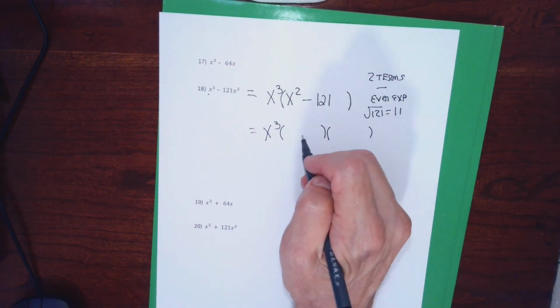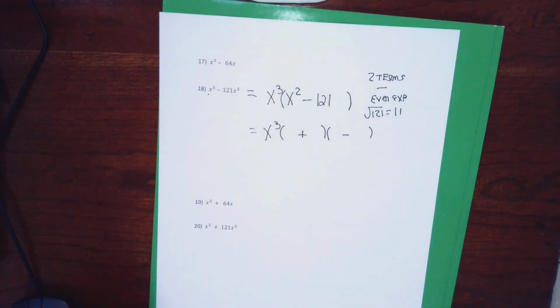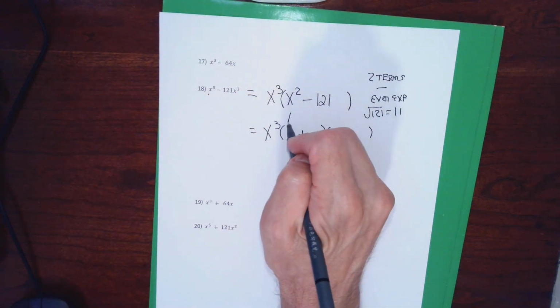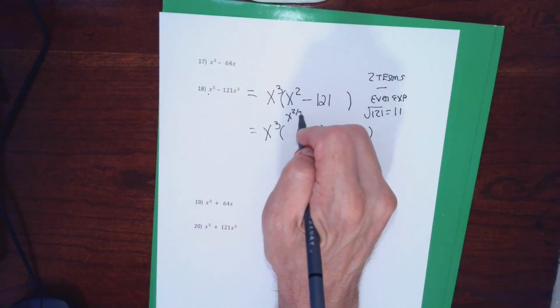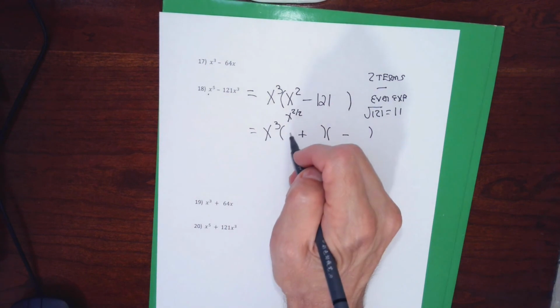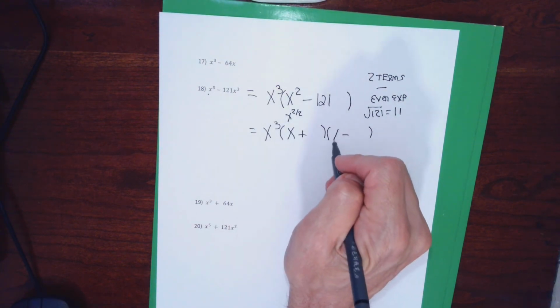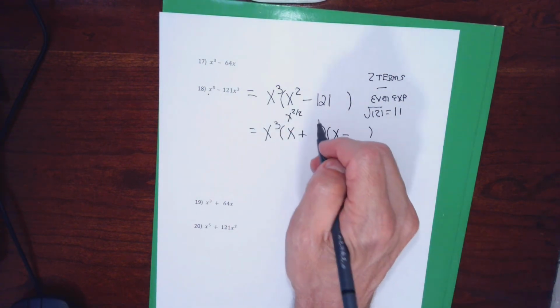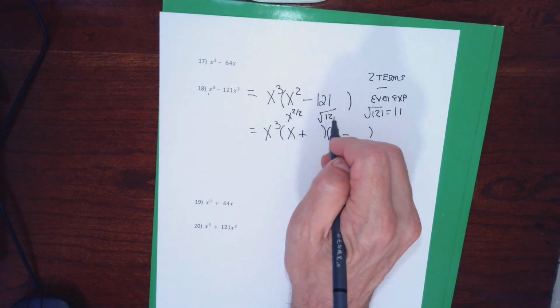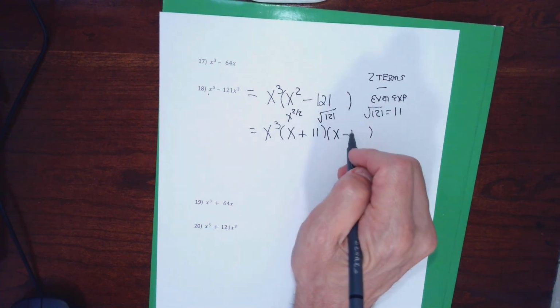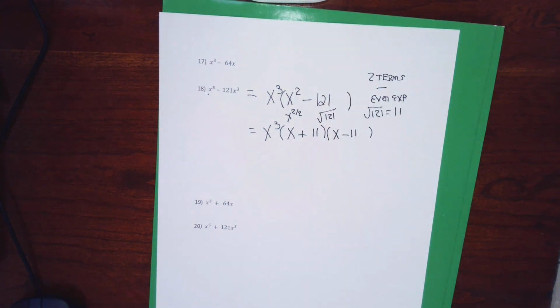One of the parentheses will have a plus, the other will have a minus. To lead up my parentheses, I'll take the x squared and divide its exponent by 2 and get x to the first. Split that equally into the first positions. To finish up my parentheses, I'm going to square root the 121 and split that equally. So that's the answer for 18.